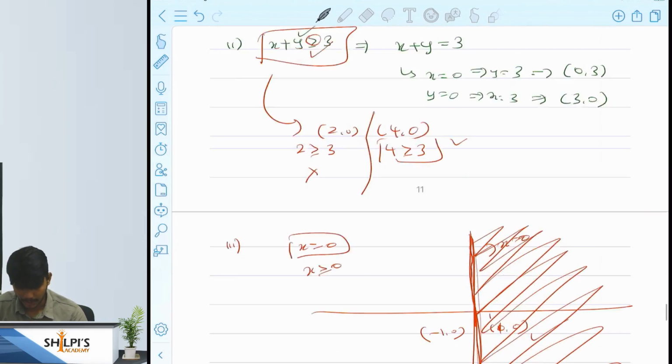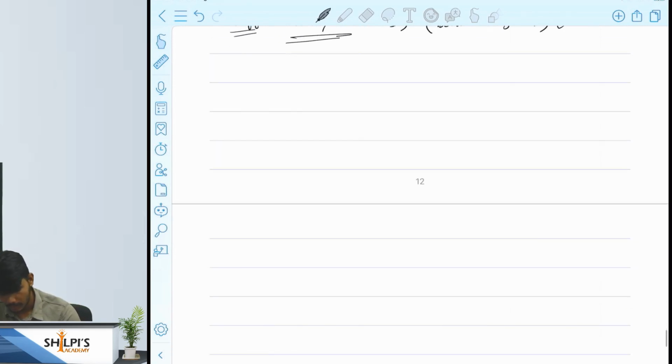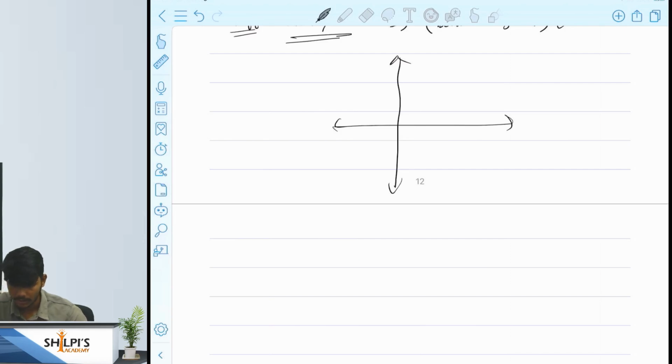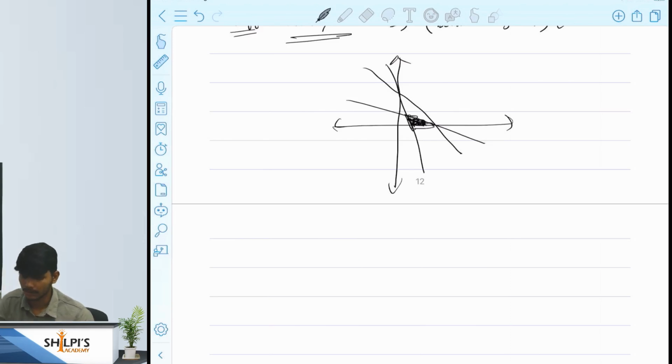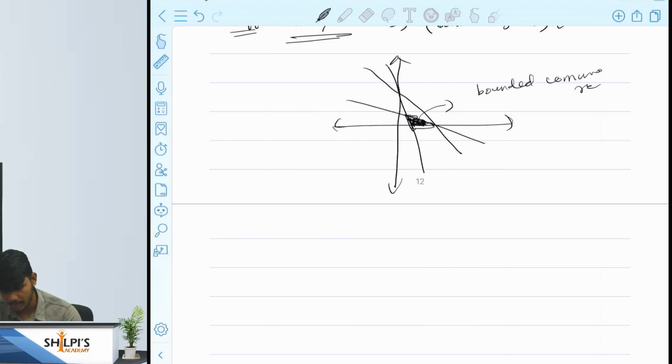But in example 8, if you keenly watch it now, there is a graph somewhat like this. Here, if you look into this now, this region is bounded by 3 lines. So this region will be called a bounded common region.